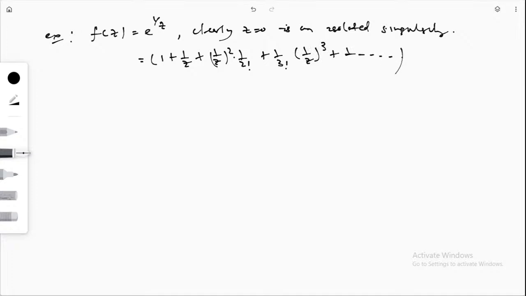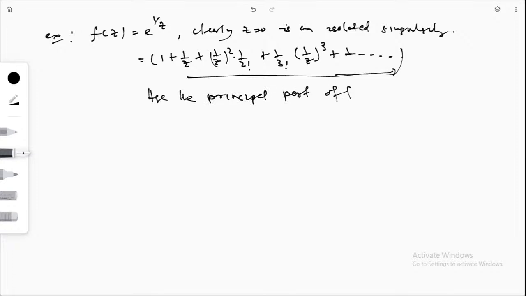So what is the maximum negative power here? See here, all the powers are negative, and it continues like this. So the principal part of f of z has an infinite number of terms.